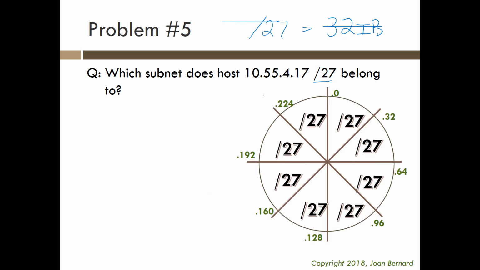When I'm looking for the subnet, remember the subnet is another word for network, it's going to be a 0 or a multiple of 32, because there are 32 IP addresses in each one of these subnets. So 0, 32, 64, and so forth. I'm looking for that number 17, and I realize that 17 is going to fall right here at the top. So the answer is going to be 10.55.4.0. That is my resident subnet, or the subnet in which that IP address belongs.